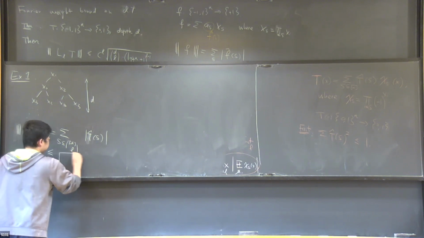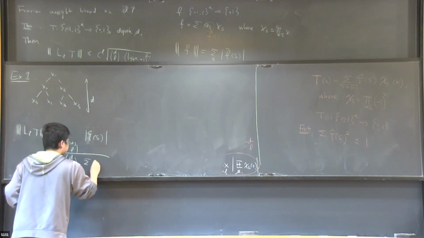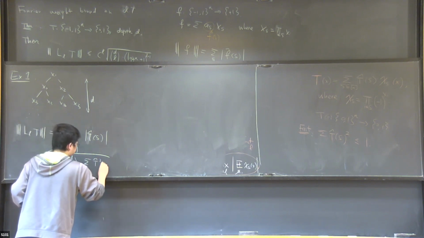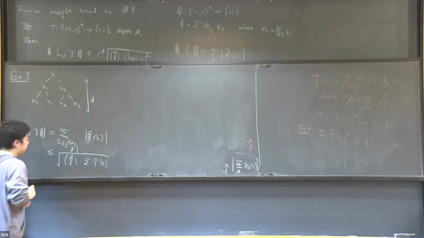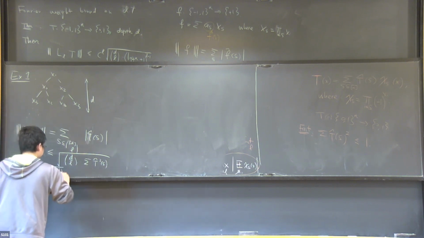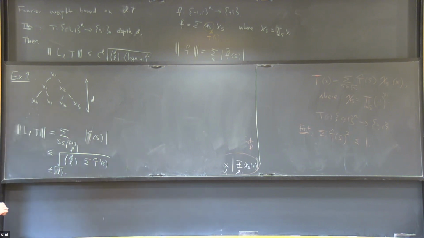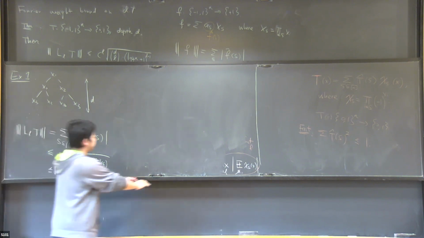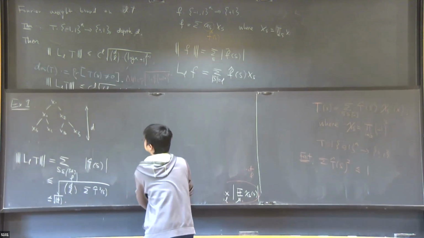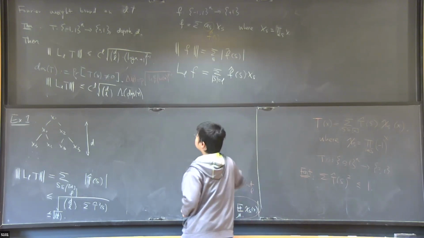So that gives us the number of non-zero coefficients times the sum of the Fourier coefficients squared, which is at most 1. So this is the square root of d choose L. So the square root of d choose L showed up in the above bound.